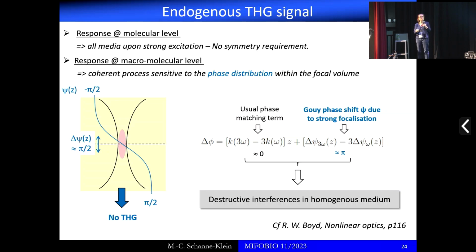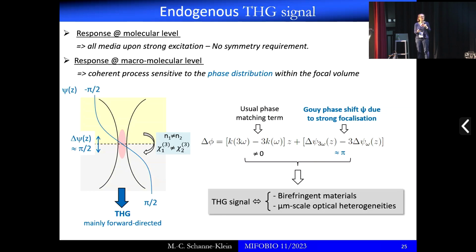And due to the difference of these phases between the third harmonic beam and the excitation beam, there is a pi phase shift between here and here. So it means that there are destructive interferences. To address this issue, there are two possibilities.